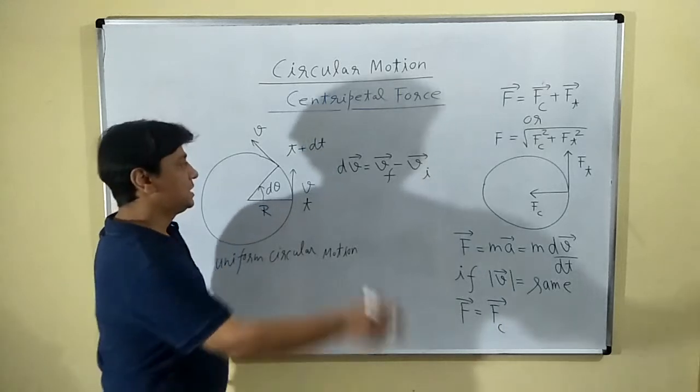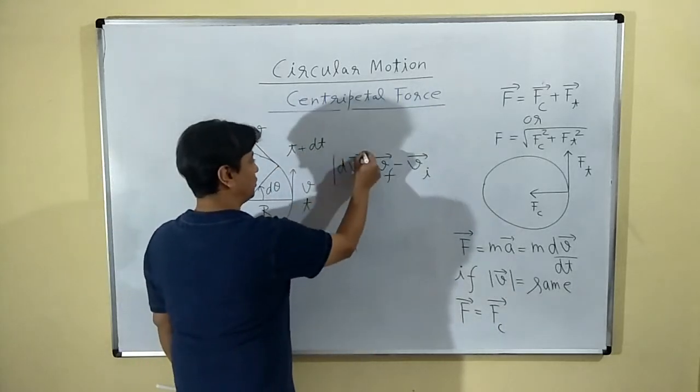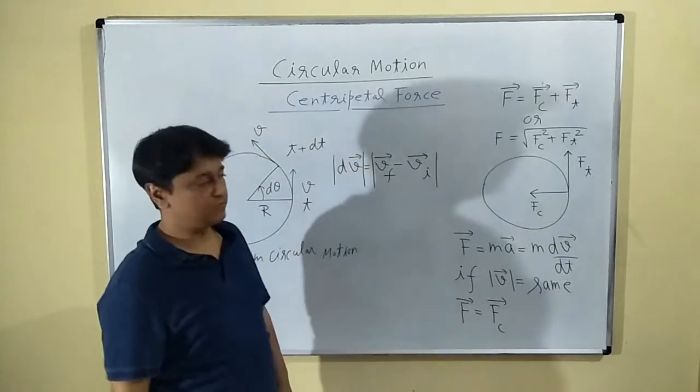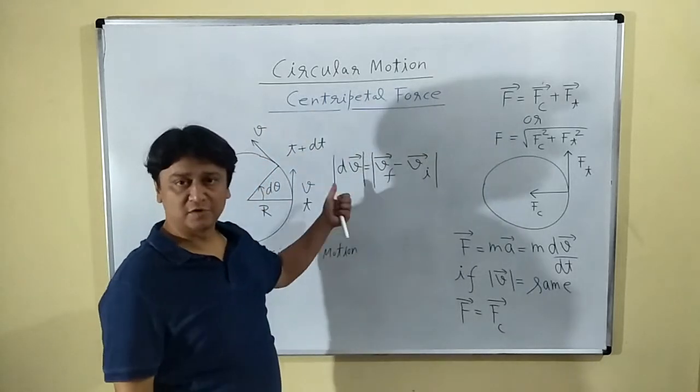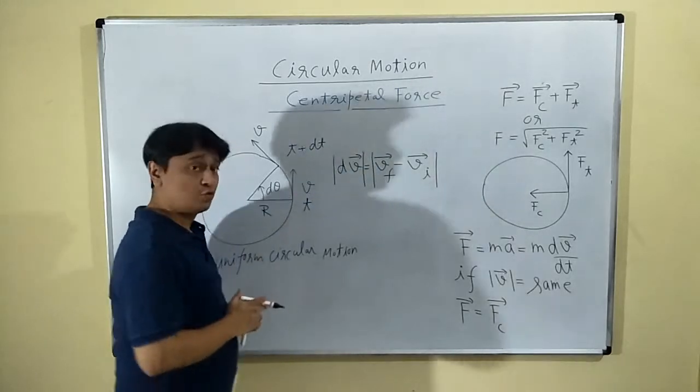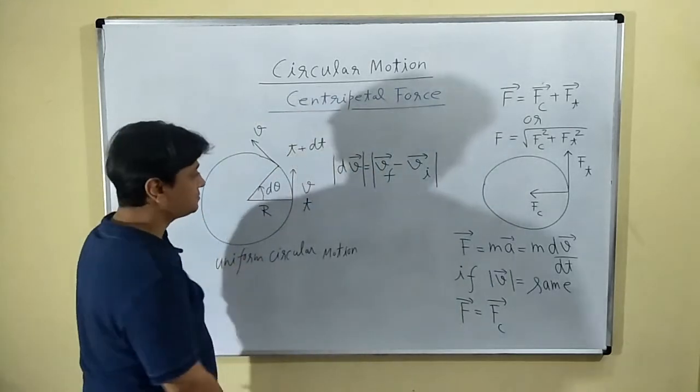और इस dv का अपने को क्या फाइंड करना है? मैग्नीट्यूड. We are interested in the magnitude of centripetal force because direction we already know is towards the center.